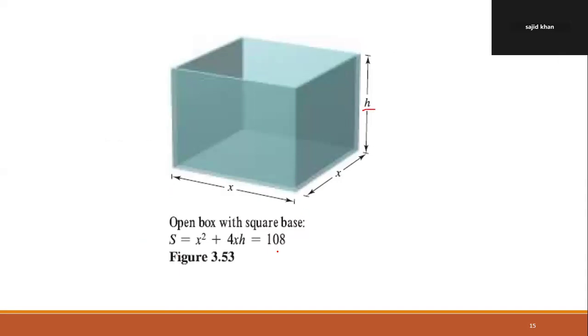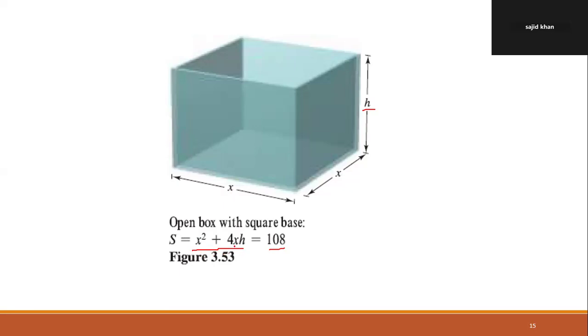You know the formula for the overall surface area of that box: 108 is equal to x square plus 4xh. The base is a square base with side x, and its area is x square.